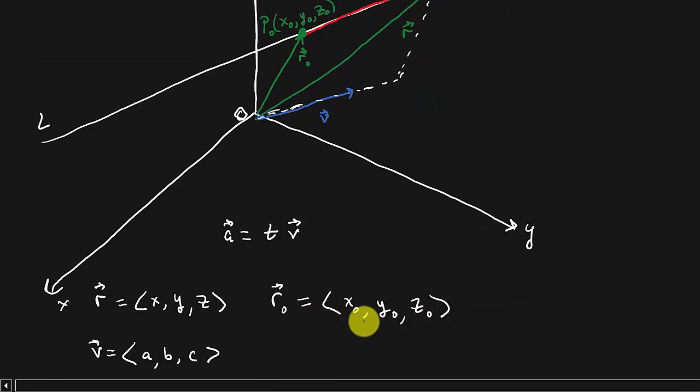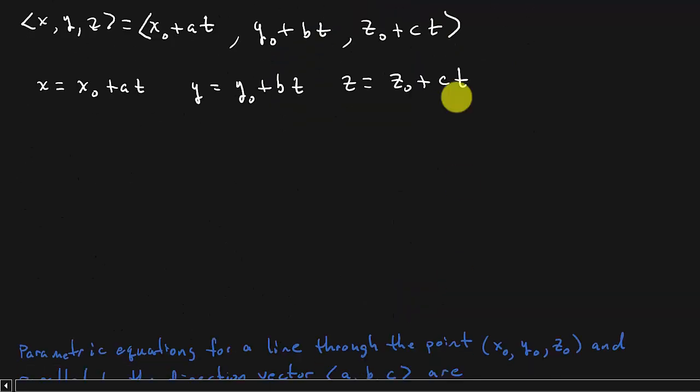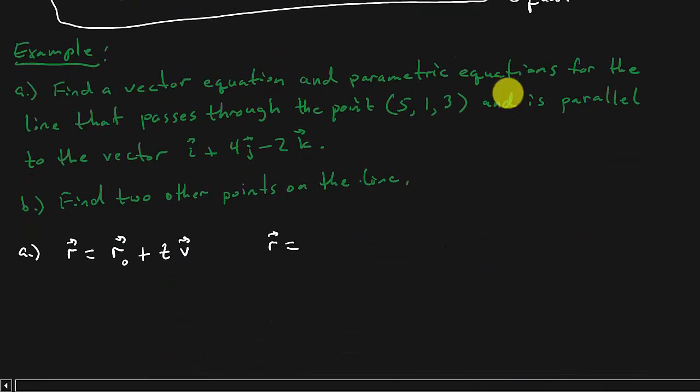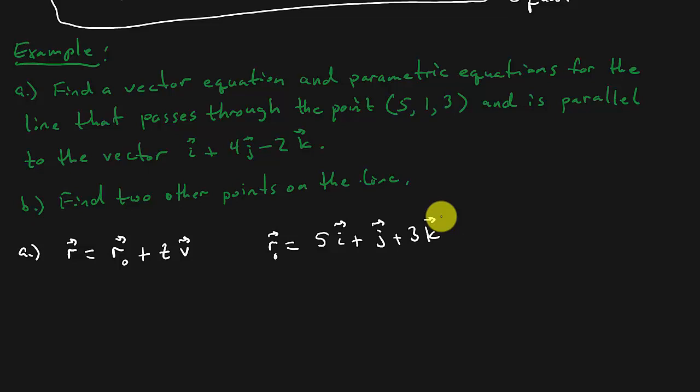R sub 0 is that vector. Okay, and so we get r0 is equal to 5i plus j plus 3k. I just wrote it in the form ijk. All right, plus t times vector v.